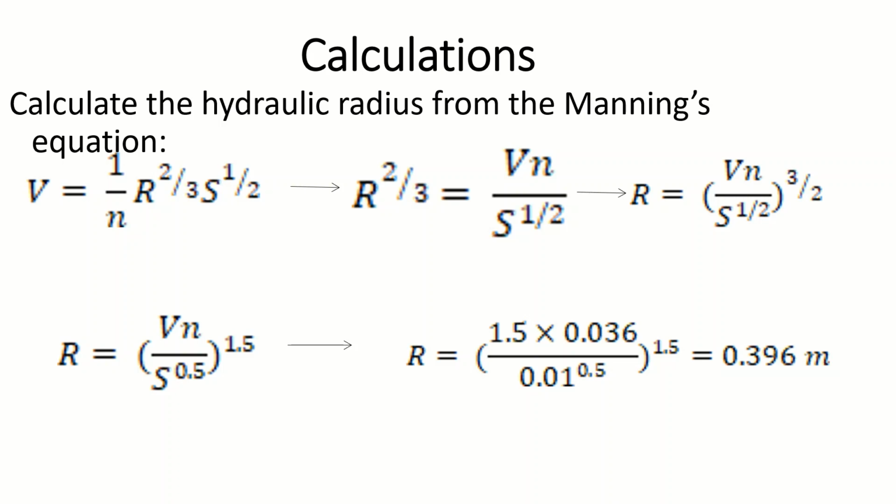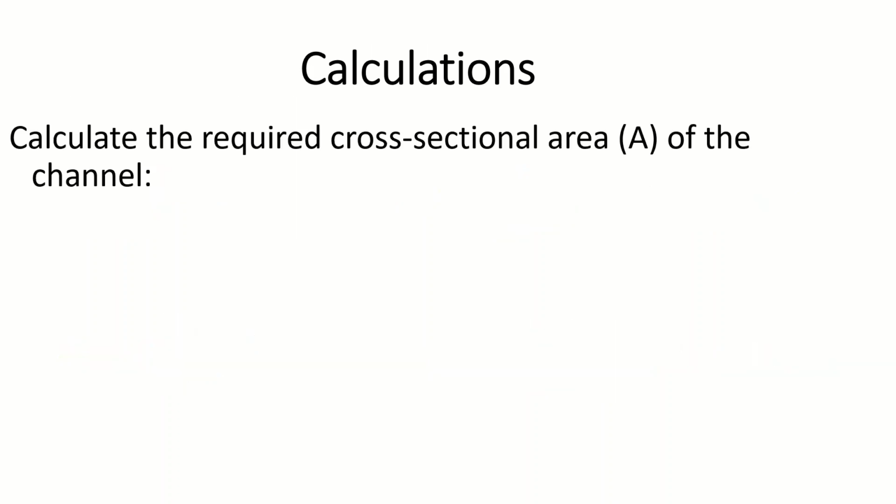So on substituting these values, we will obtain the value of R which is now equal to 0.396 meters. This is the hydraulic radius. R is 0.396 meters.